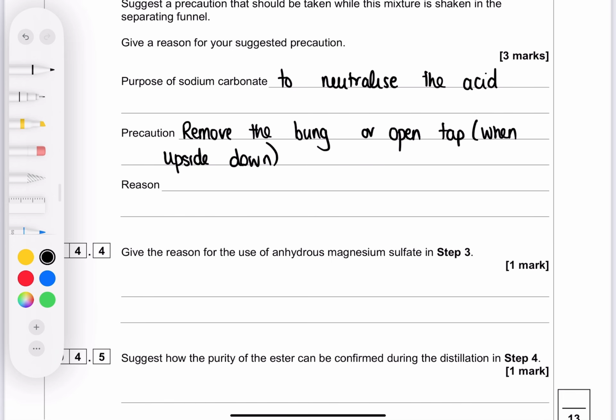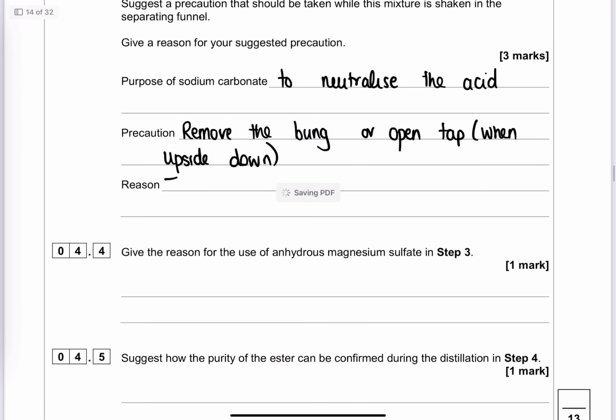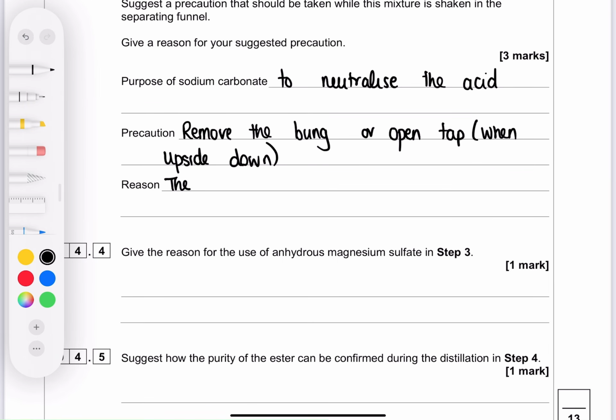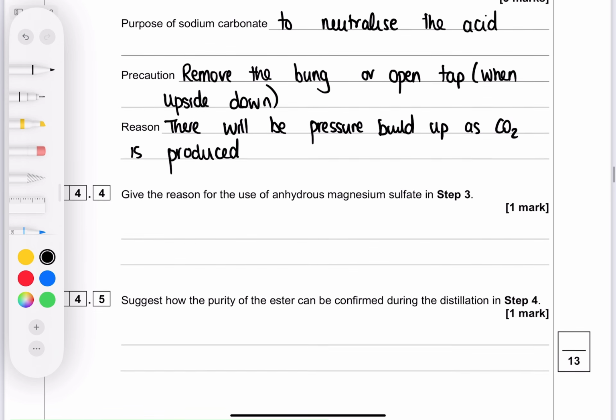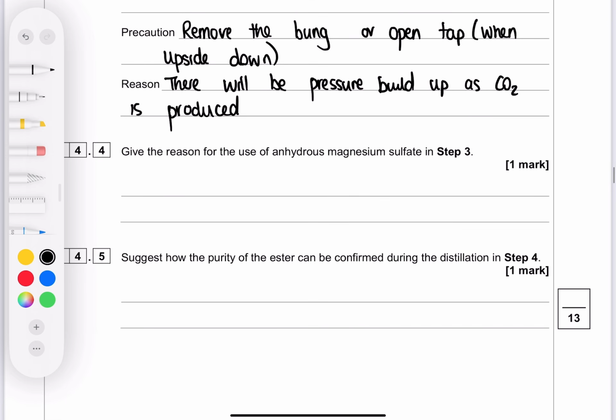Okay, why are we doing that? There'll be pressure build up as CO2 is produced from the neutralisation of the acid. Give a reason for the use of anhydrous magnesium sulfate.